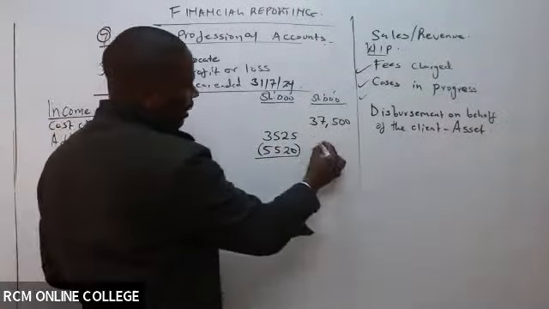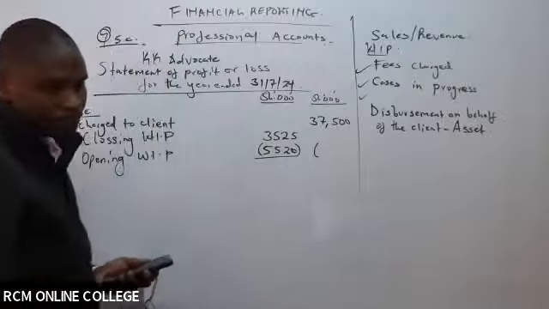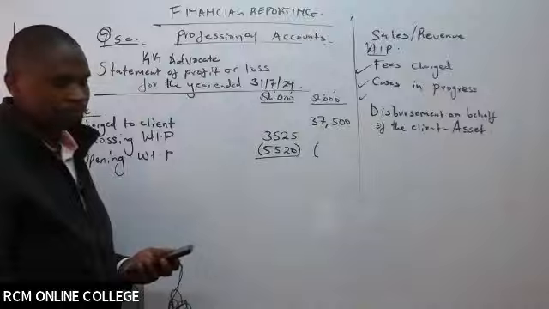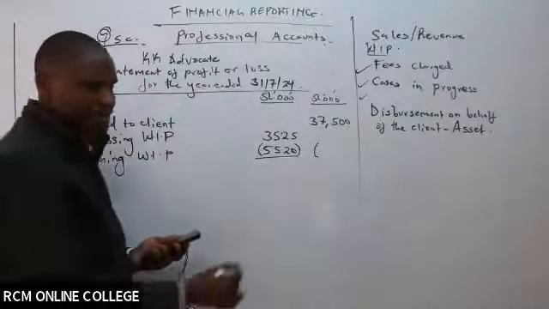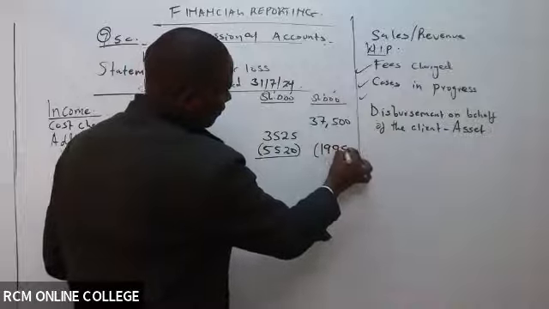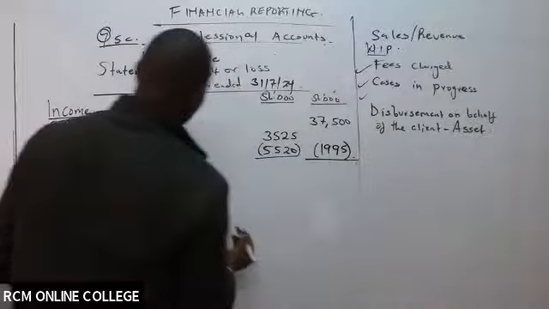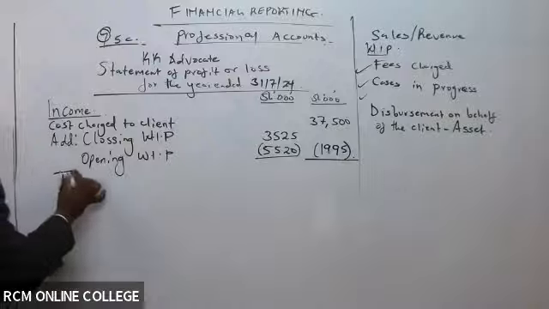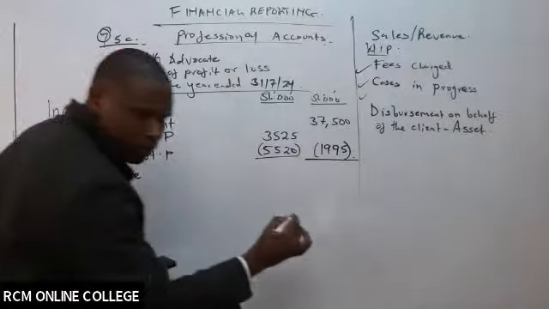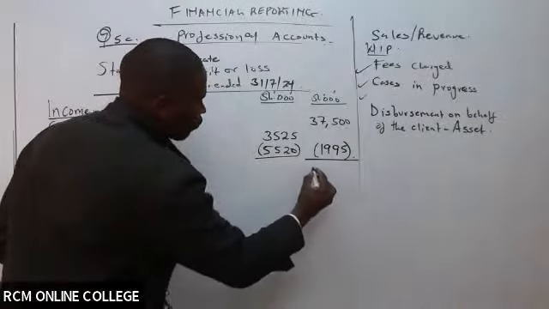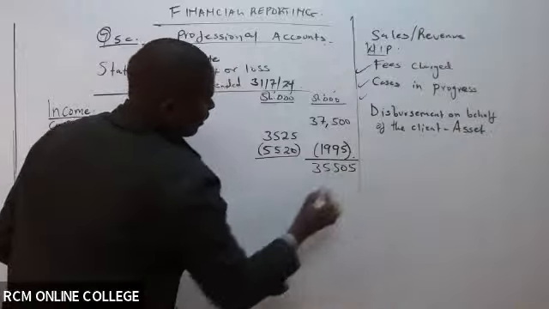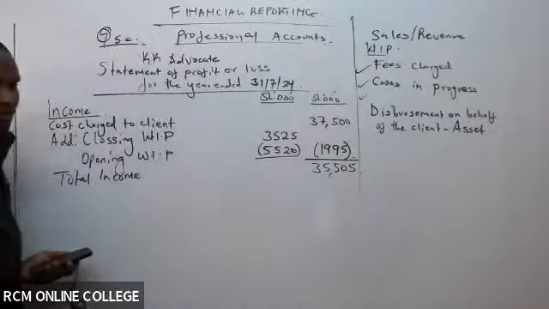It will be a minus how much? 1995. So that we get the total income, 35,505.